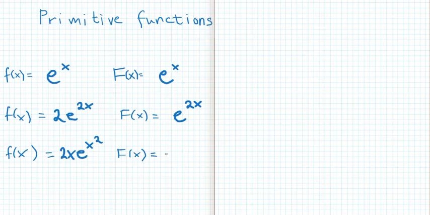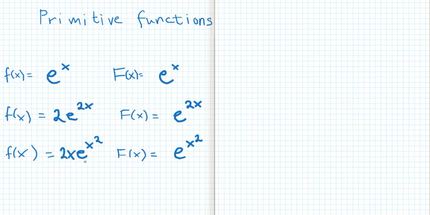Okay, something with x squared, right? If we find the derivative of this, it's going to be e^(x squared), which we have here, and then times the inner derivative. So the derivative of x squared, which is 2x, is going to be in front. So this seems to be correct.